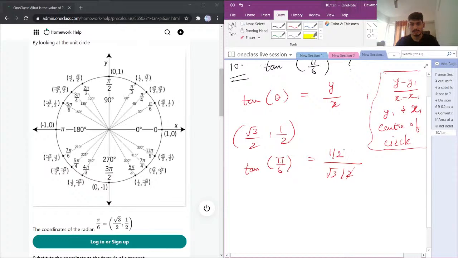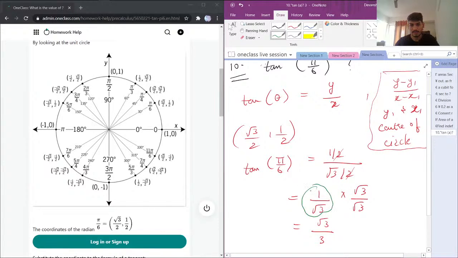I can cancel this 2 and I will get 1 by root 3, which I can also multiply both the sides with root 3 by root 3, and I will get root 3 by root 3 square, which is 3.